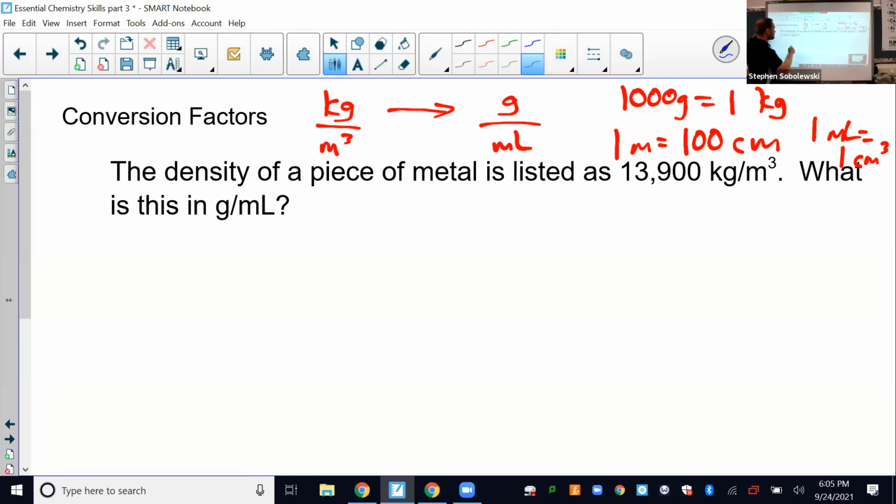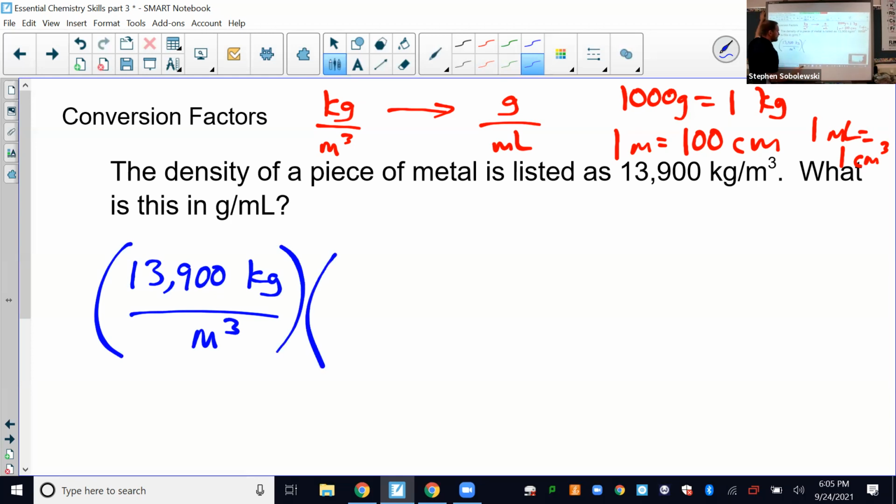So, 13,900 kilograms per meter cubed. Let's go kilograms first. Multiply this by 1,000 grams per kilogram. Cancel that, and yes, that makes sense.